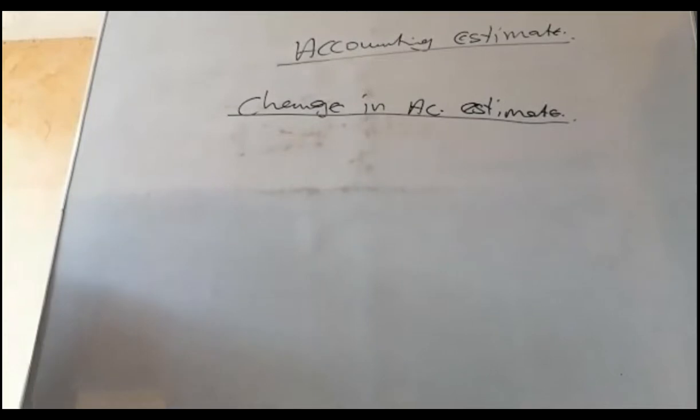Now, most of the figures in the financial statements require some estimation, the exercise of judgment based on the latest information available at that time. So we have to take note of that.